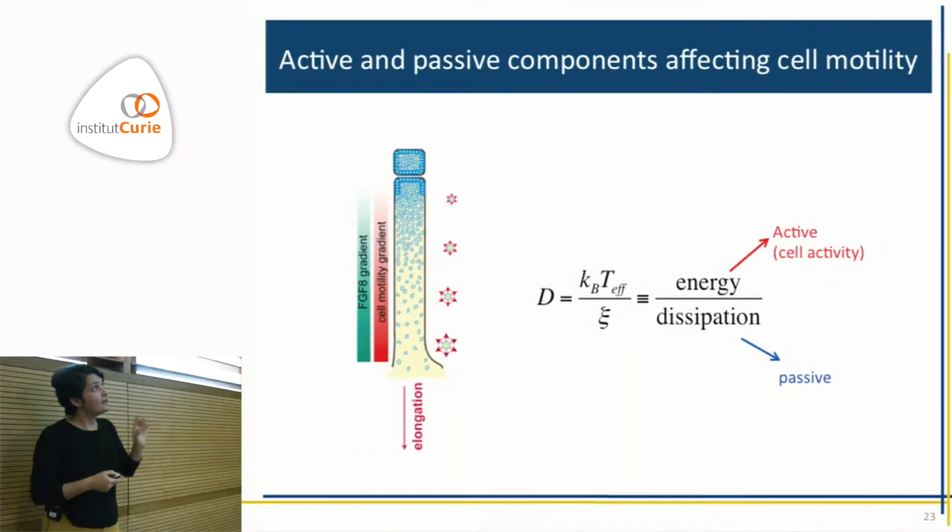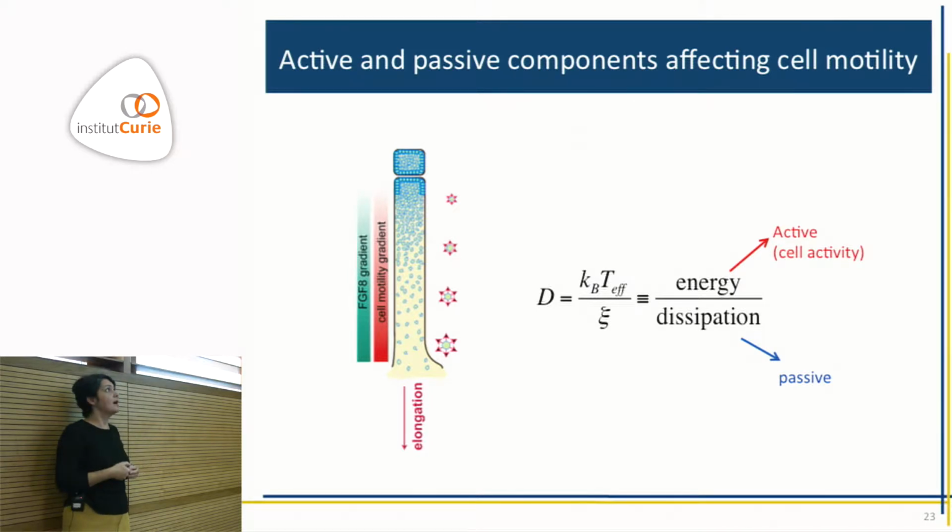And then another thing I wanted to mention, since we talk about this diffusion: we can define this diffusion by what you already know, which is the ratio of the energy that you put in your system and the dissipation that exists there. So here we should just note that we put an effective temperature. So it's not real temperature.